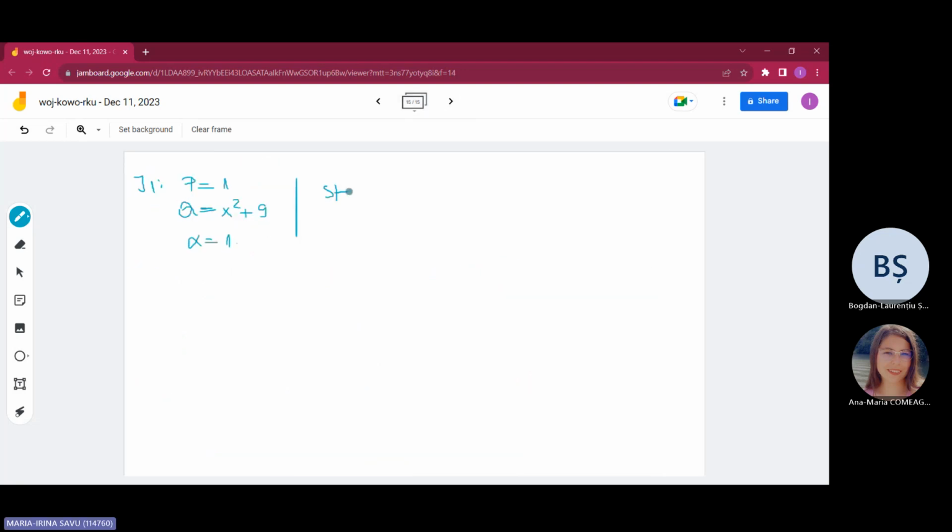So, step 1. Consider the function f of z, which is 1 over z squared plus 9 times e to the alpha, which is 1 times i times z. Step 2. Find the singular points of f.